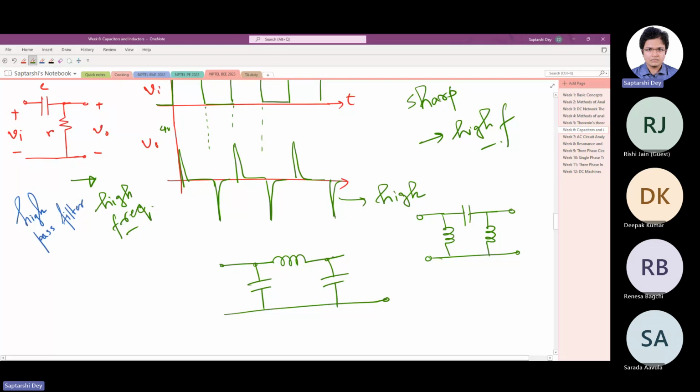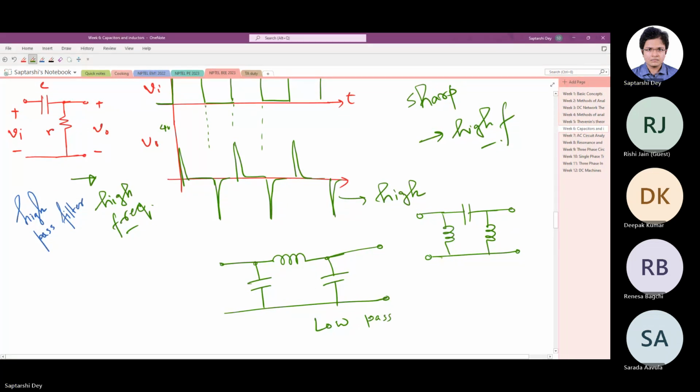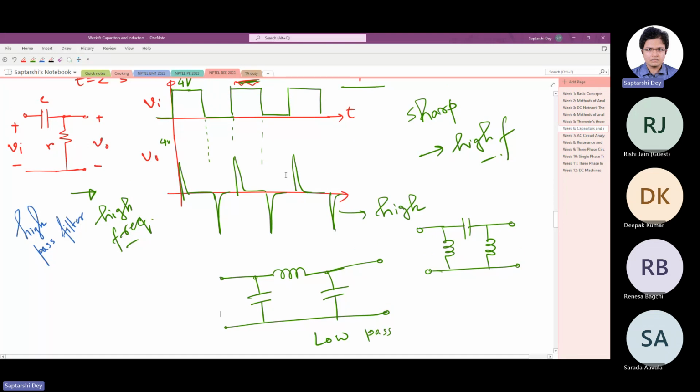The transmission line is basically a low pass filter. Anyway, these things you will get to learn in your higher classes. Just showed you how filters are made. In this way only, there is a filter circuit.